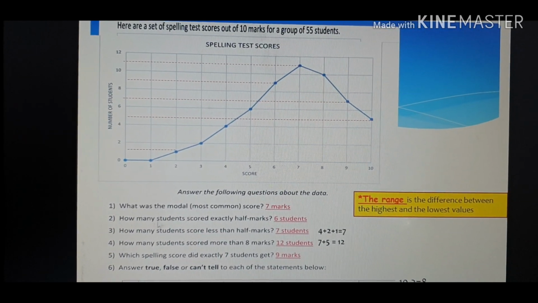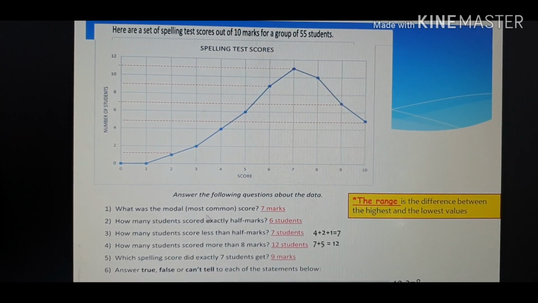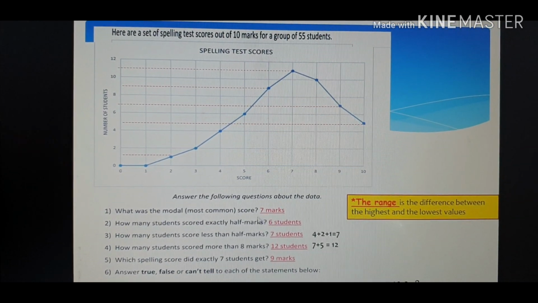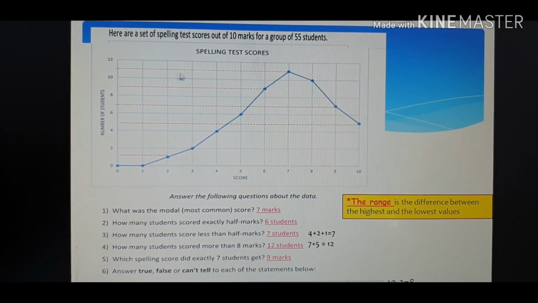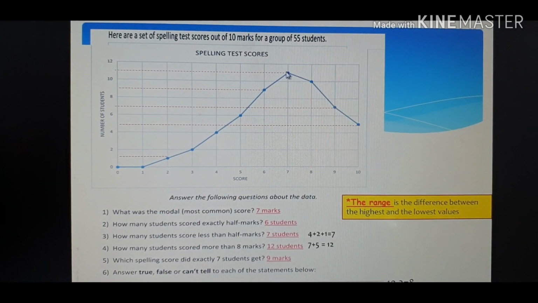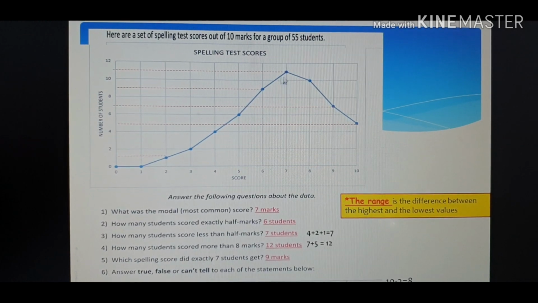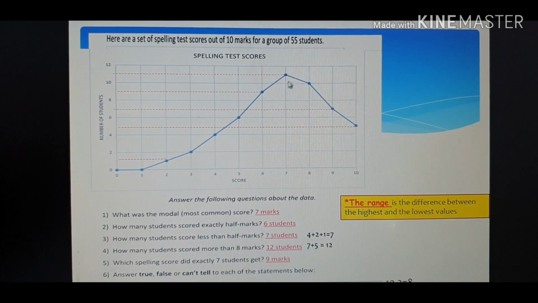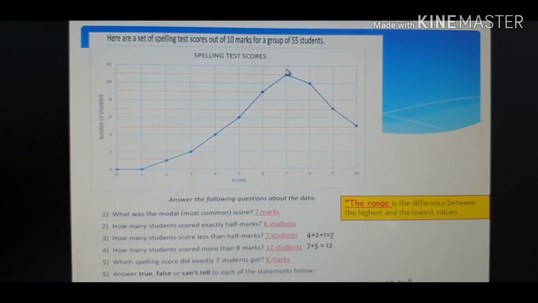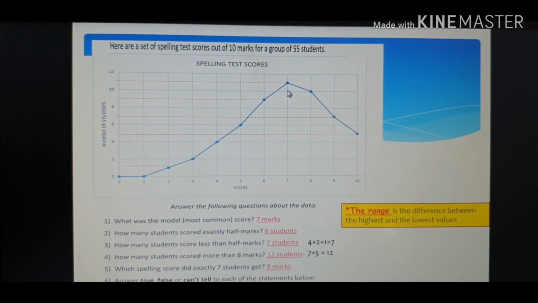Number 1, what was the modal, the most common score? The most common score means the score which most of the students got. So here it's the maximum point, at the top of this line.